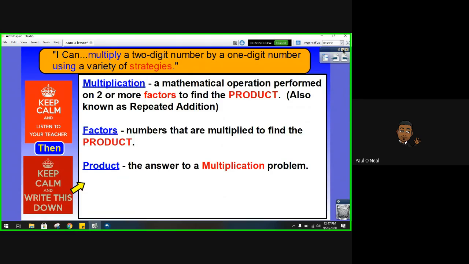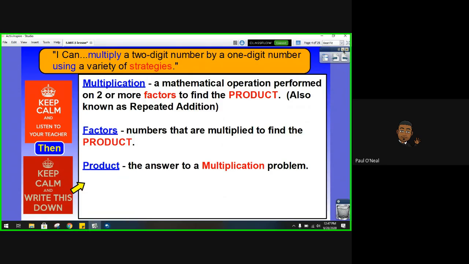There's the order of operations that we discussed last week, which is looking at parentheses, exponents, multiplication, division, addition, subtraction, right? But our four primary ones are addition, subtraction, multiplication, and division. So it's a mathematical operation that is performed on two or more factors to find the product. It's also known as repeated addition.